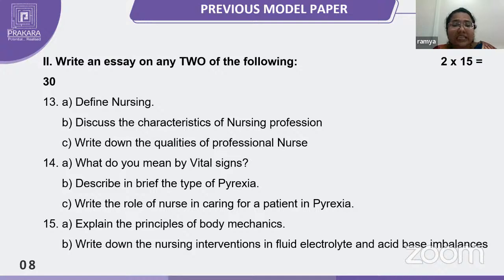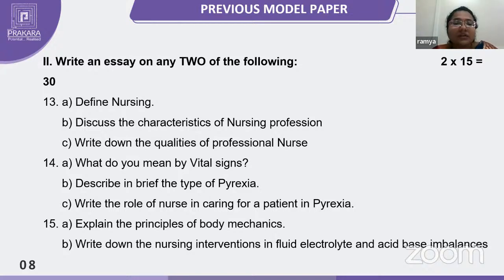First, represent it by a diagram: what are the qualities of a professional nurse? Then describe each and every quality by writing some lines. Like that, you should write an essay, in an elaborated form. If you present in such a way, then you will secure 15 marks for the essay answer.